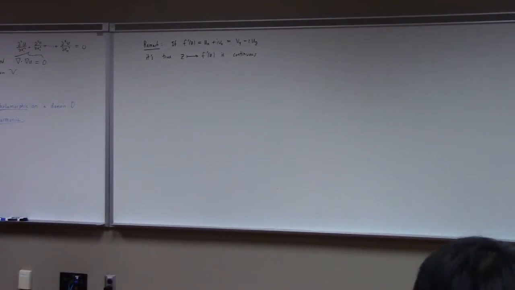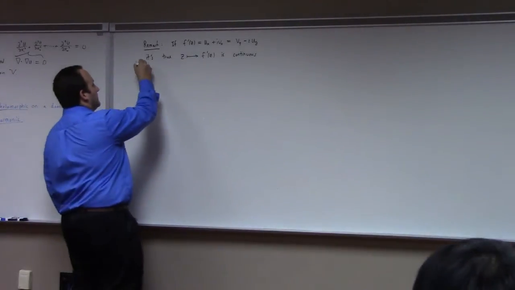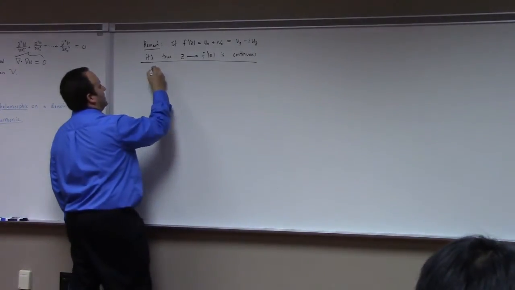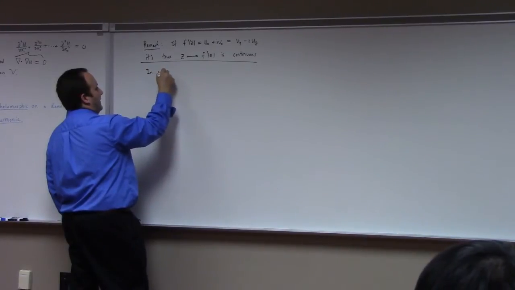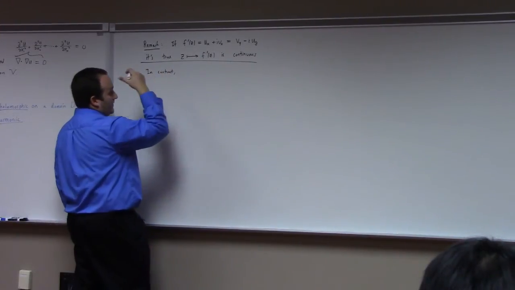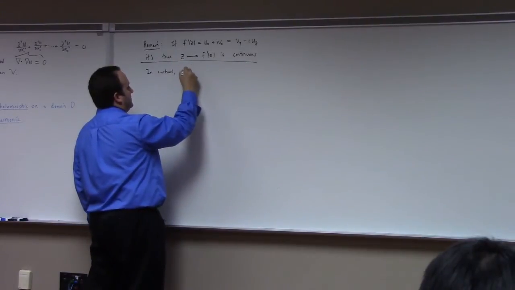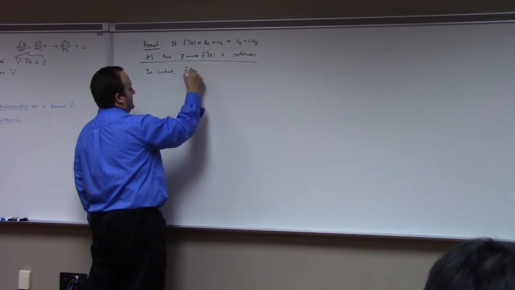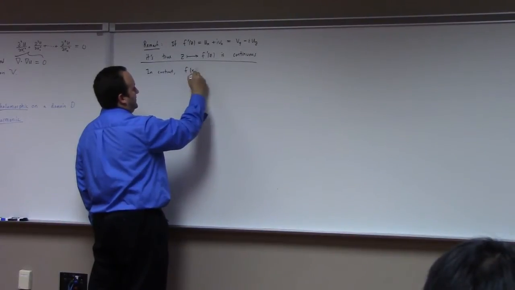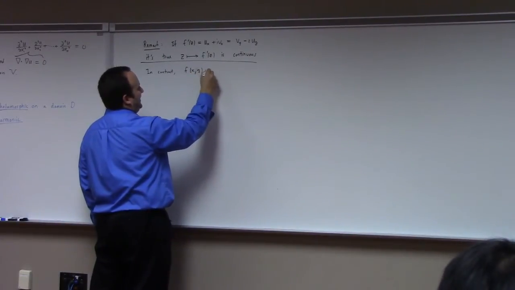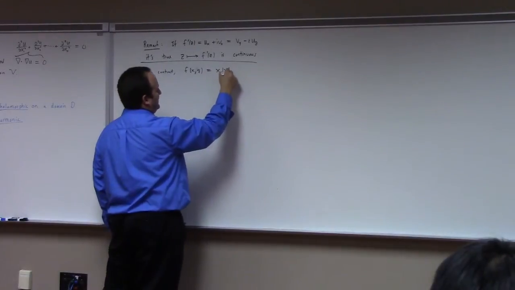Now, why is this interesting? In contrast, in the real case, you could have something like, how about this, f of x, and here I can do two variables. It would just be a stupid two-dimensional example. f of x, y is equal to x times the absolute value of x.